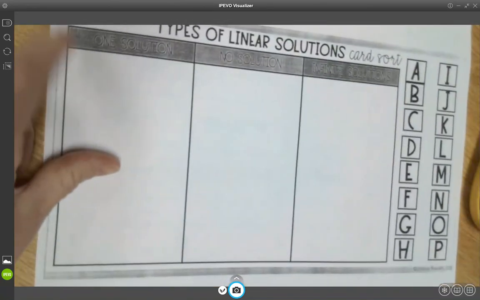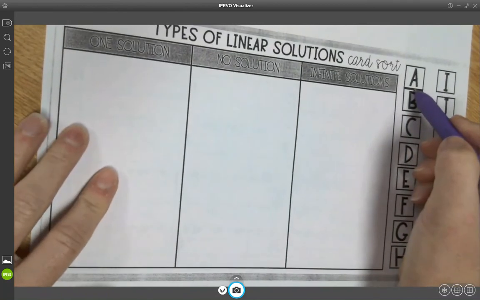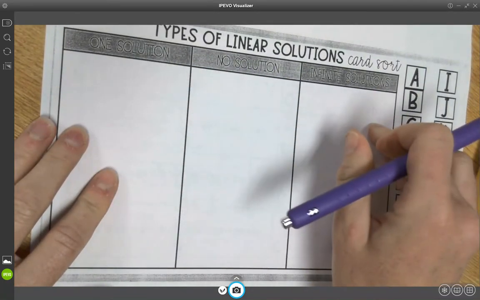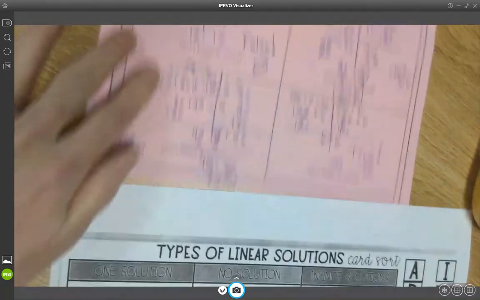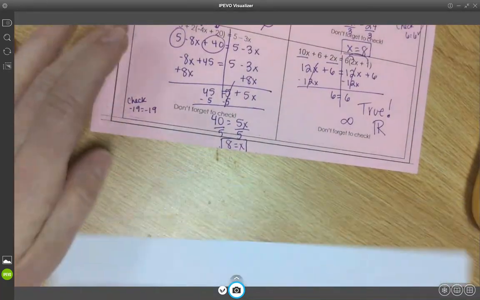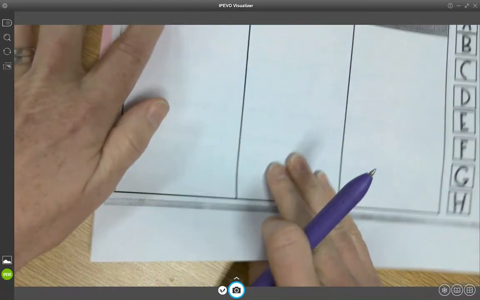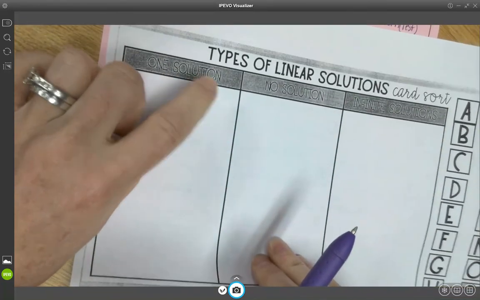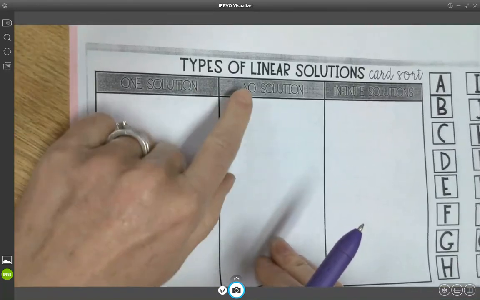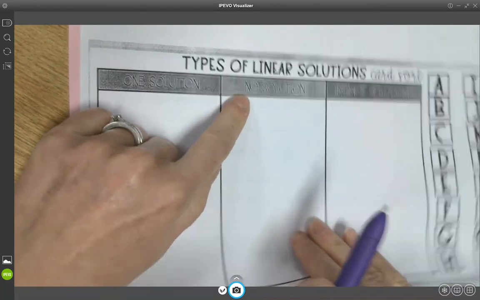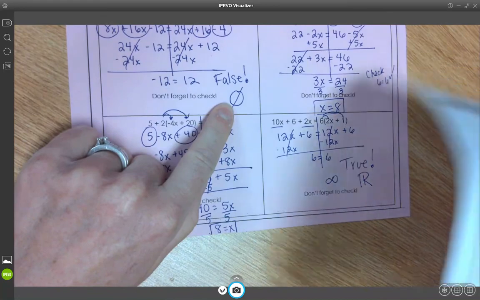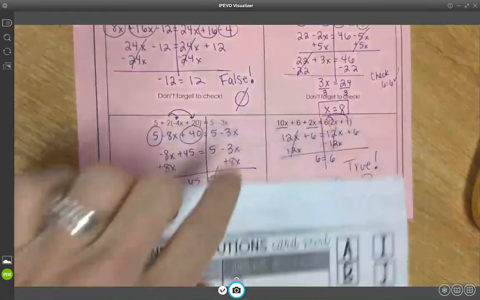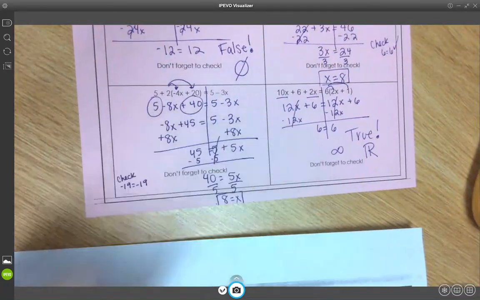On the back, you are going to sort these letters according to what kind of solution. If you get an answer like this one, where you get x equals 8, you would put the letter here, and then x equals that number. That's one solution. No solution is when it's a false statement, so you put a 0 with a slash. And then infinite is whenever it is true.